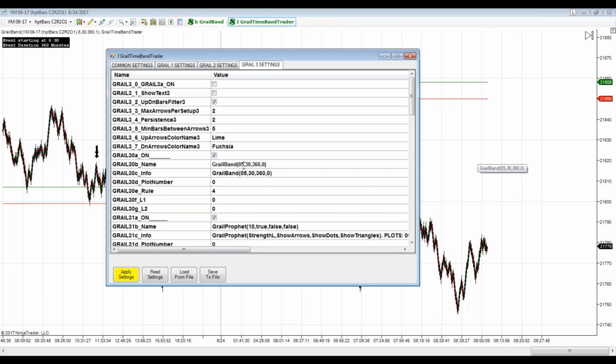So if you're trading an equity chart, you're going to make the change here on the equity chart, on your respective chart. Now, okay, I made all the changes for Grail 1, 2, and 3. What I haven't done yet is I haven't applied it. So I'm going to left-click Apply.